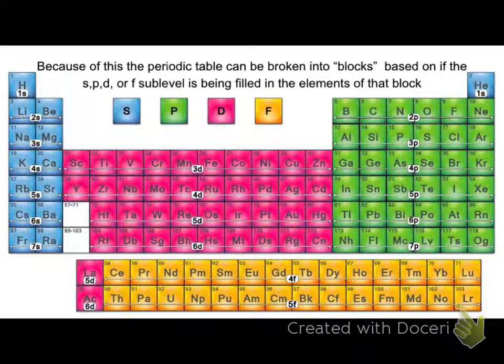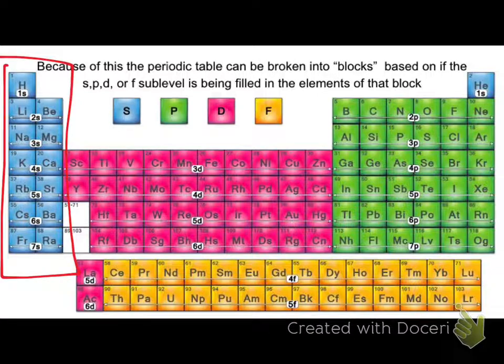So what that means is just that if you are in this block right here, currently the s orbital is being filled. For hydrogen, it's the 1s orbital that's being filled, right? And for lithium and beryllium, it's the 2s orbital. And for sodium and magnesium, it's the 3s orbital, and so on and so forth. But it's always the s orbital that's being filled here, right?